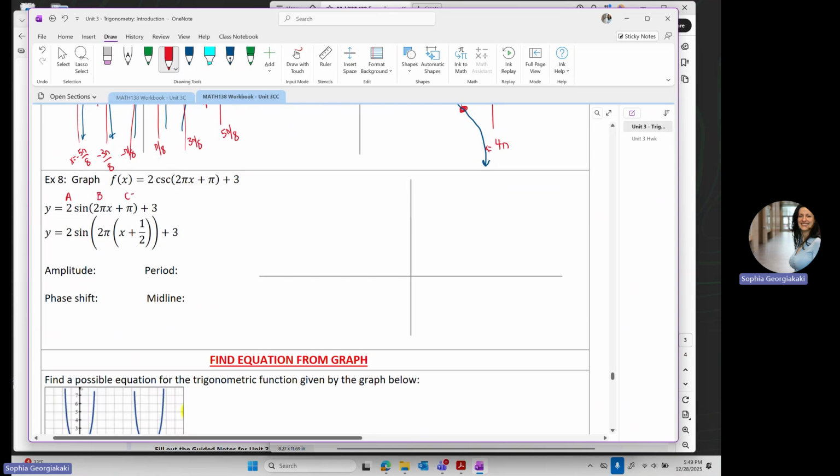It has a c equal to negative pi. And it has a d equal to 3. The amplitude will be 2. The period will be 2 pi divided by 2 pi, which is 1. The phase shift will be negative pi divided by 2 pi, which is negative 1/2. And the midline will be y equal to 3. So y equal to 3 will be here.